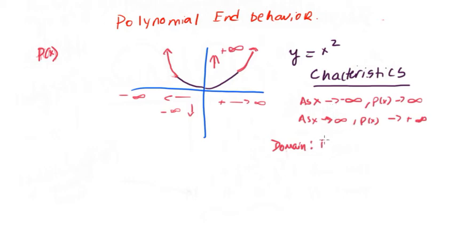So therefore, we're going to say that it has a domain of all real numbers. We can denote this as all real numbers, or we can put it in interval notation from negative infinity to positive infinity.